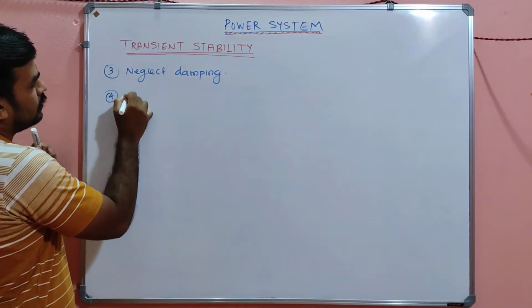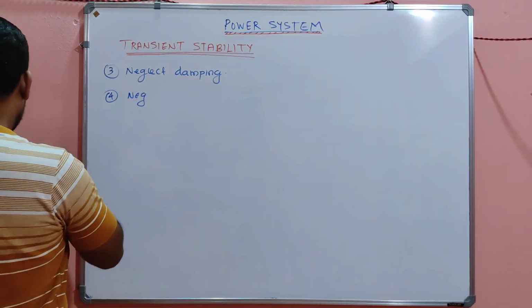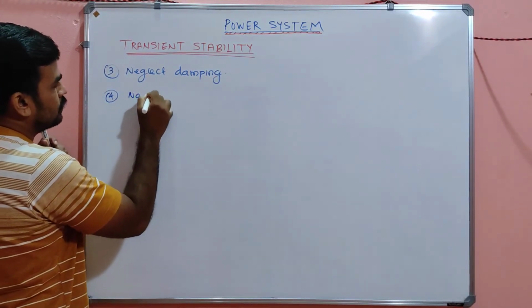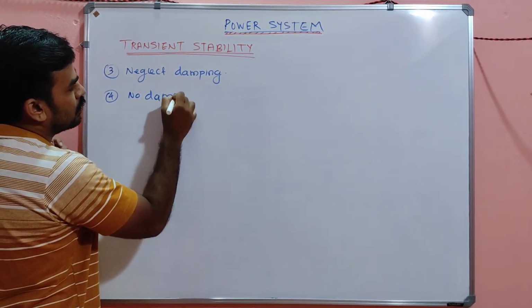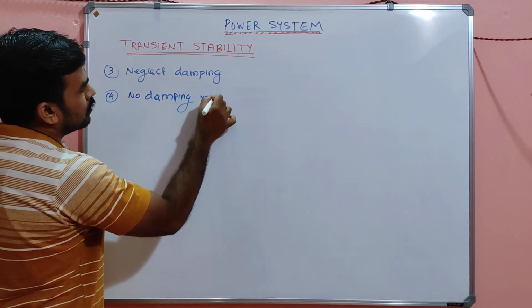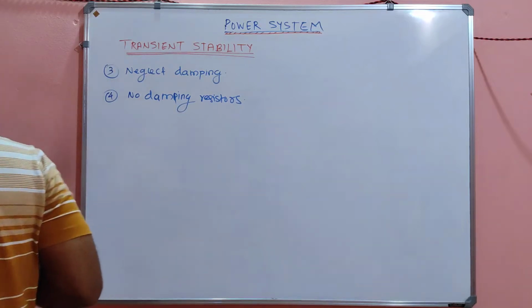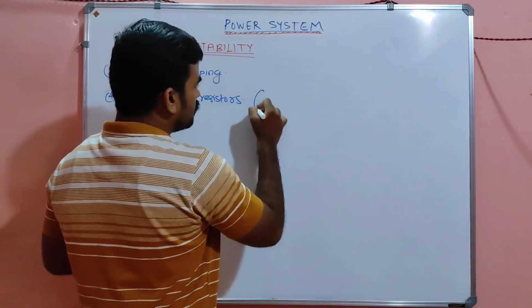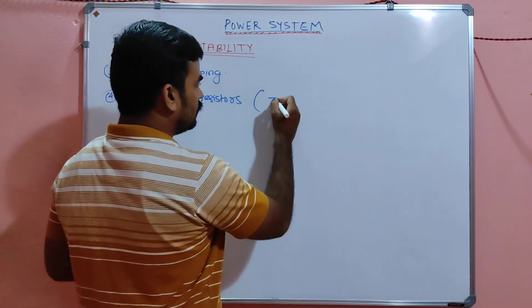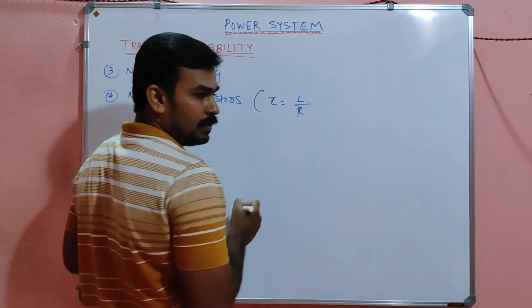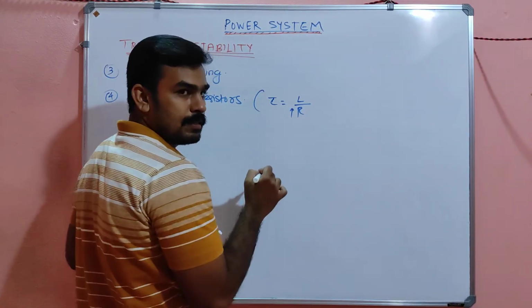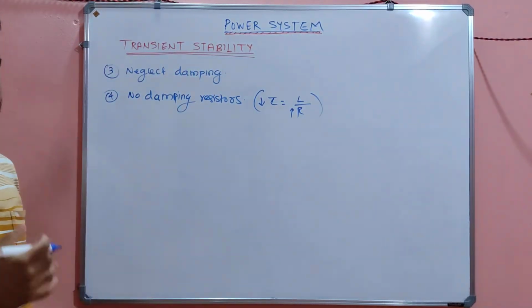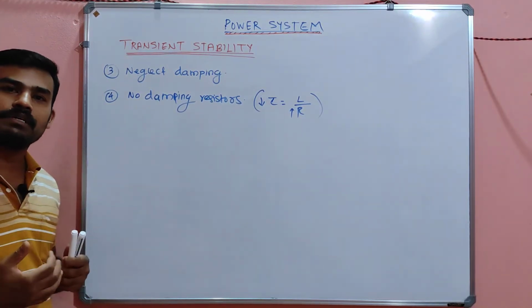First one: no damping resistors are used. No damping resistors. See, my dear, the time constant tau in an RL series circuit is tau equal to L by R. If R is high, tau will be very less. Tau is nothing but the time constant. If the time constant is very less, the system quickly comes to stability.